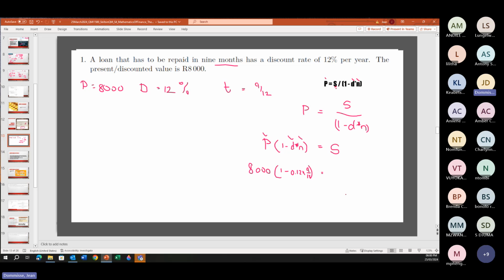I get 0.09, so I must subtract that from 1, which gives me 0.91.